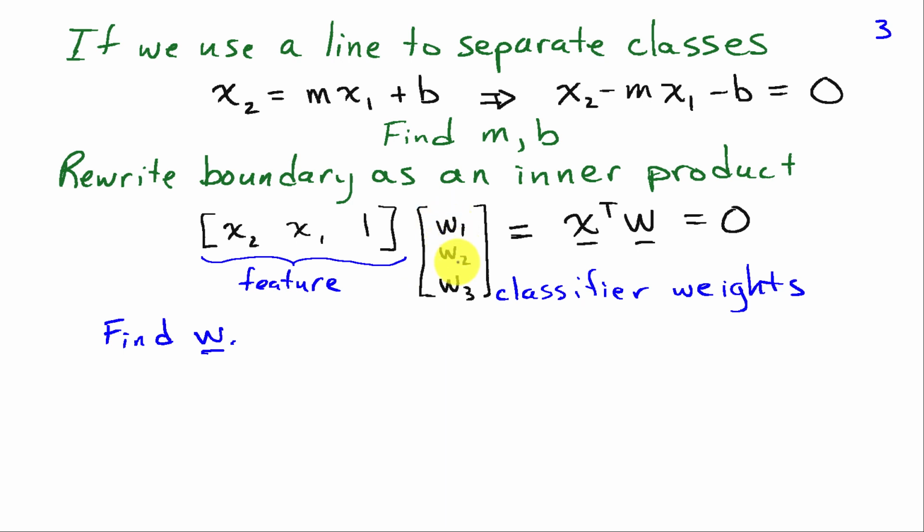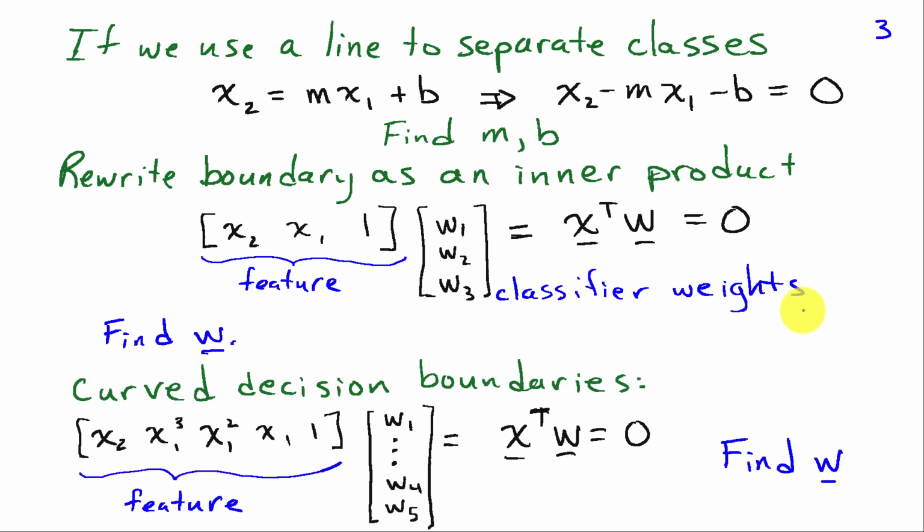We'll have a vector of classifier weights w, which are going to be related to the slope and the intercept. And then I can rewrite this equation as the inner product x transpose w equals 0. So our goal in this is to find a w. And once we know that w, then this equation will give us the decision boundary.